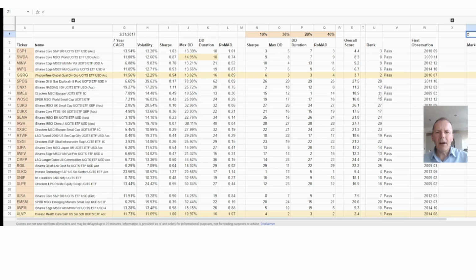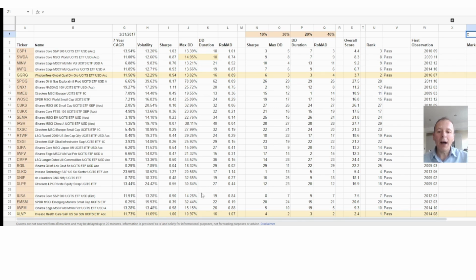This is a file that I use to help identify sectors and countries and factors that I might be interested in investing in. And it looks at returns, and then it also looks at the number of months a fund has spent lower than its all-time high and the degree of decline from that all-time high.